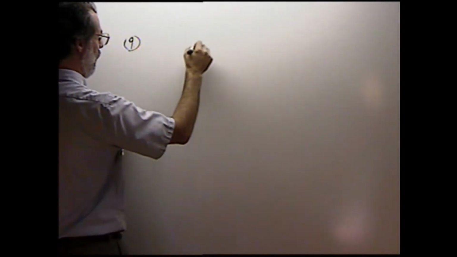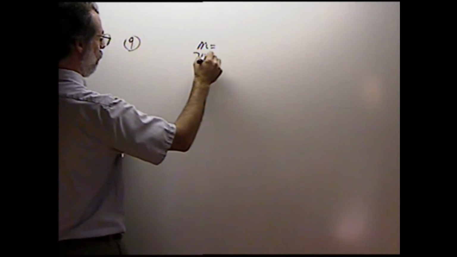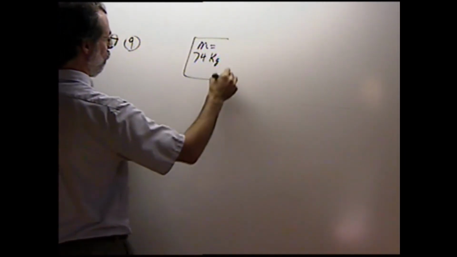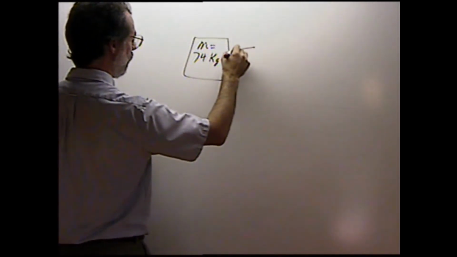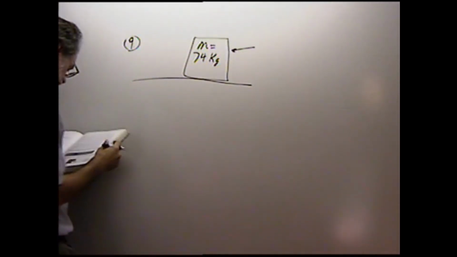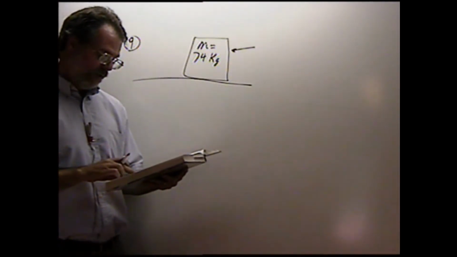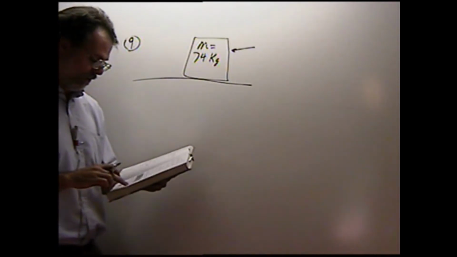Okay, question 9. A construction worker is sliding a 74-pound box of bricks across a wooden floor. The mass is 74 kilograms, and he's pushing it this way. He's sliding a 74-pound box of bricks across a wooden floor.